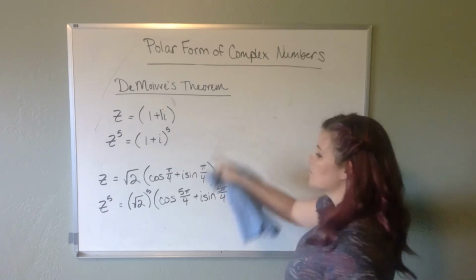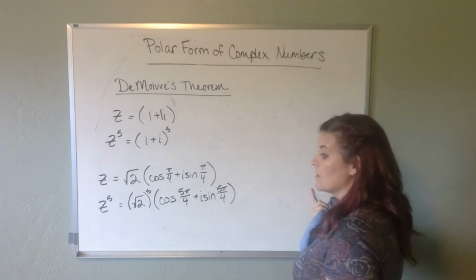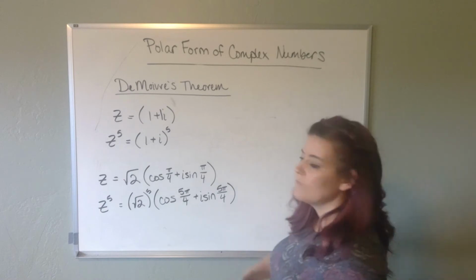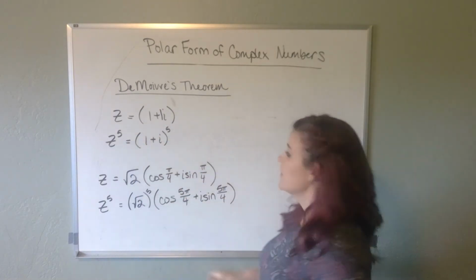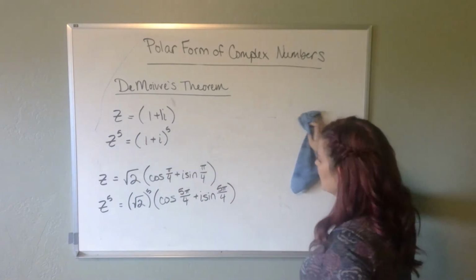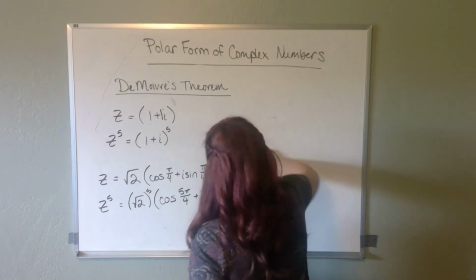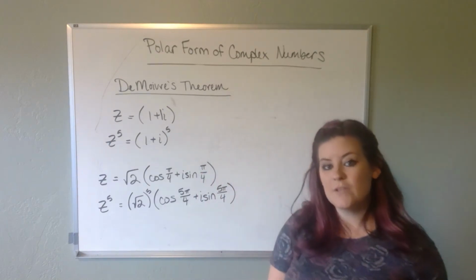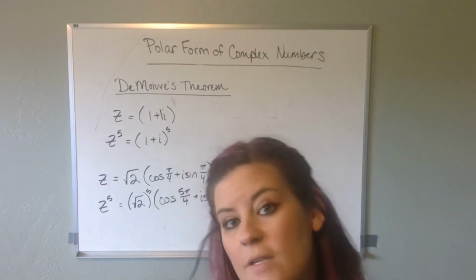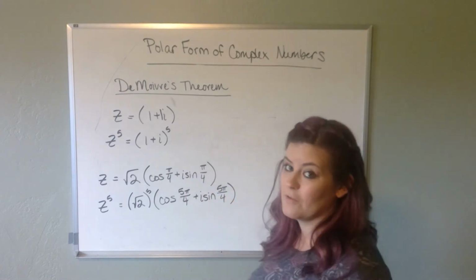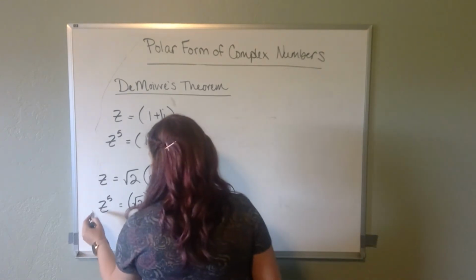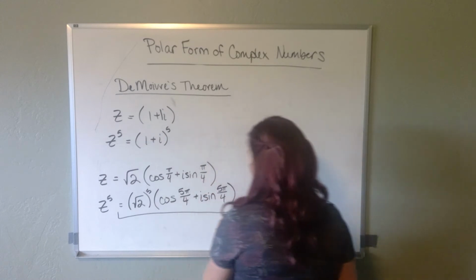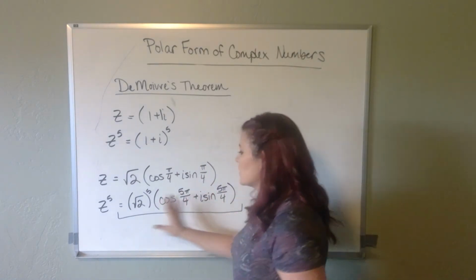So you converted it to polar. You take it to the power, then you convert it back to rectangular form. So you have that pesky extra step there. But let me show you how easy it is to convert a number back to rectangular form. So remember when we created this, I said there's nothing else you do here.